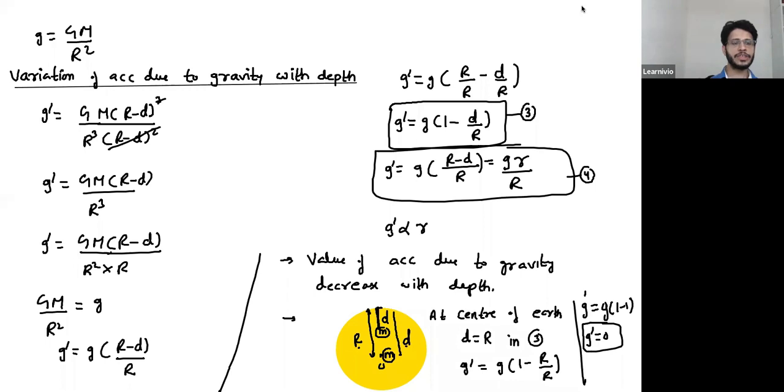Okay, if acceleration due to gravity is 0, then Noor, what's the weight of the body? If the value of acceleration due to gravity is 0 here, the weight of the body would be 0, right? Because weight is mg.